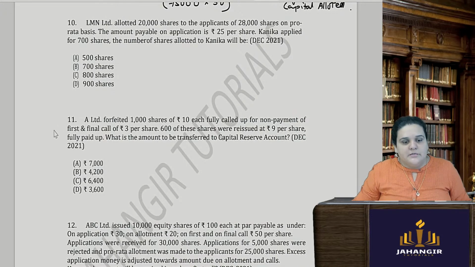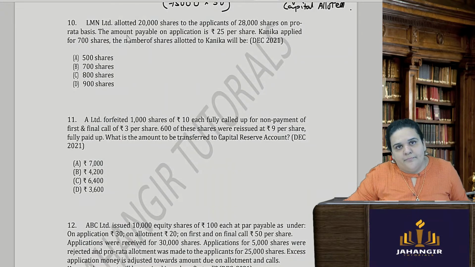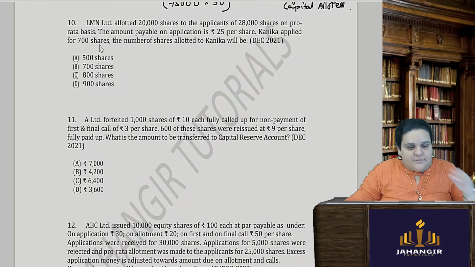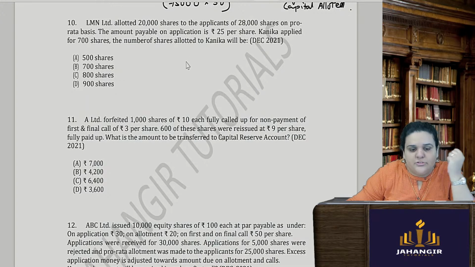Now coming to question number 10. L&M allotted 20,000 shares to the applicants of 28,000 shares on pro rata. So my pro rata is 28:20. The amount payable on application is 25. Kanika applied for 700 shares. The number of shares allotted to Kanika will be how much?